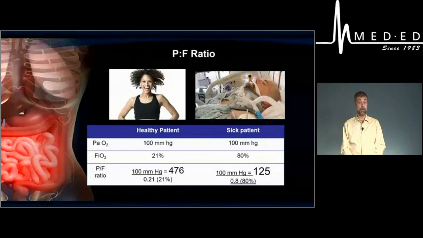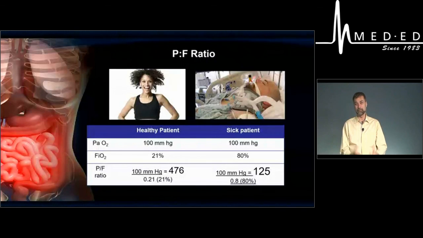Let's look at that first patient on the left. She's healthy. Her lungs are not affected by ARDS. Now, what's a normal PaO2 in a healthy adult? Probably close to 100, especially when we're younger. It gets a little lower as we get older, but still kind of 90 to 100. Now, that girl on the screen is breathing room air. So what's her FiO2?